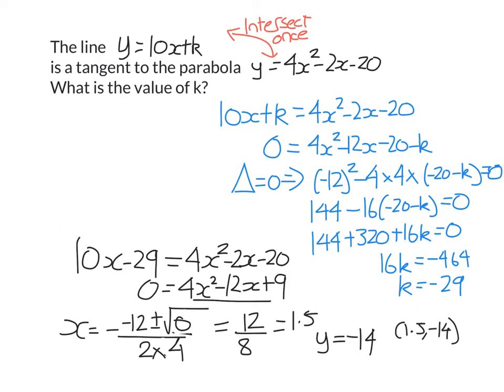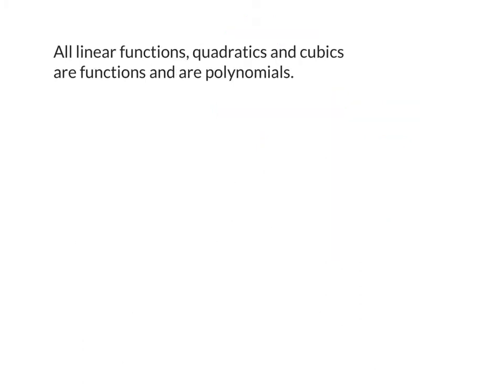So I think we've done enough of parabolas, including solving. Let's now look at other polynomials. It turns out that all linear functions and all quadratics are polynomials. Cubics are also polynomials. So we're going to look more now at polynomials. Any polynomial is also a function, but I'm going to go through functions later in the video.